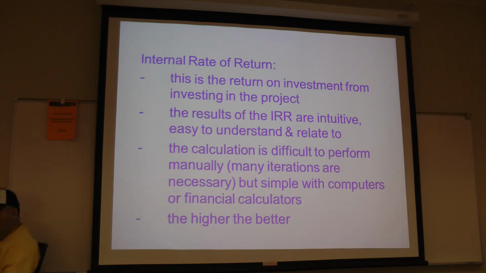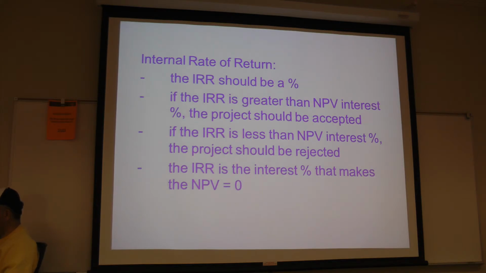Now, the calculation for the internal rate of return is very difficult. However, nowadays, with computers and financial calculators, it's a very simple calculation. With your internal rate of return, the higher the better. The internal rate of return should be a positive number.